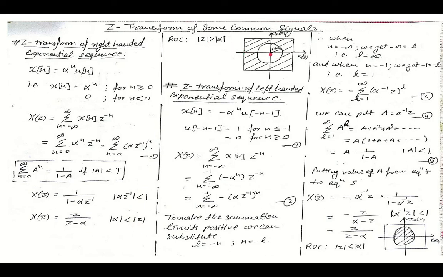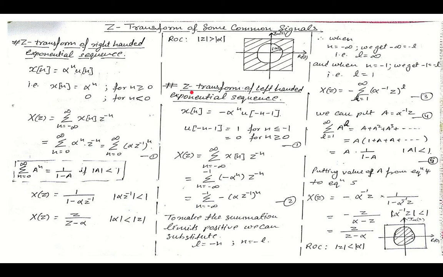Now here the radius is of mod alpha. The radius of this circle will be mod alpha, and the ROC will fall outside this value of alpha. Okay, so this is basically the ROC of your right-handed exponential sequence.